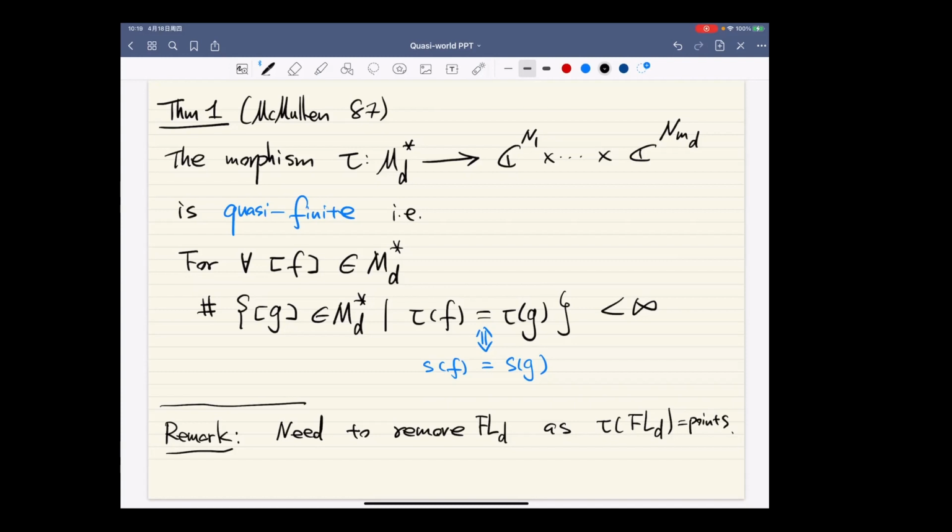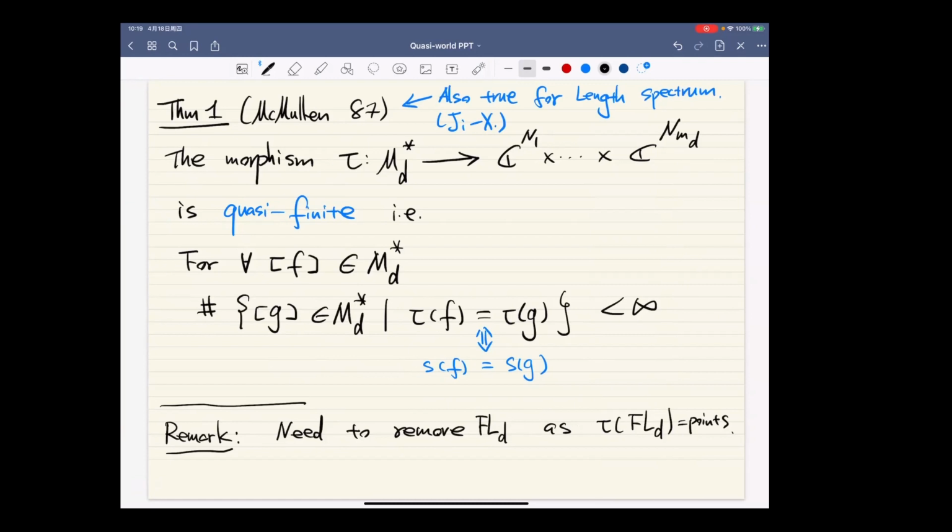But we know that the moduli space of elliptic curves is of dimension 1, so this gives you a one-dimensional family in M_D in which the multipliers are all the same. So this is not quasi-finite, and we need to remove this family.